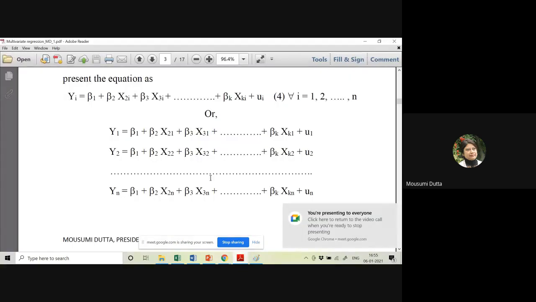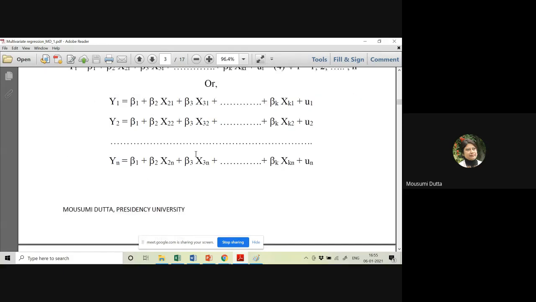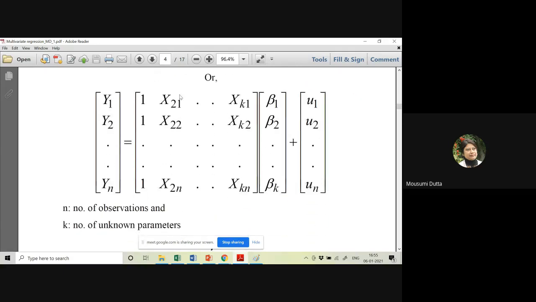So these assumptions further add several issues as well, apart from mentioning that covariance between x and u is equal to 0. We need to ensure all x columns are independent of each other. This can be ensured if we consider the rank of the x matrix is equal to k. There are k columns here.